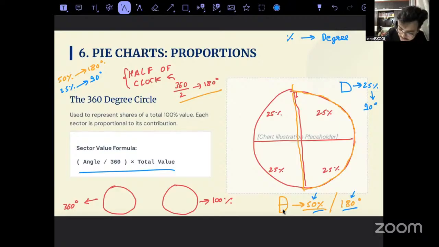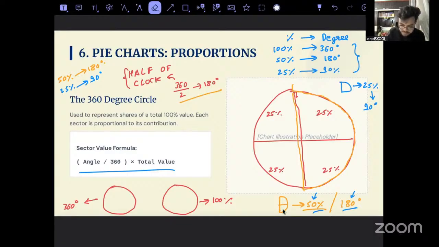100% was 360 degrees. 50% was 180 degrees. 25% was 90 degrees.